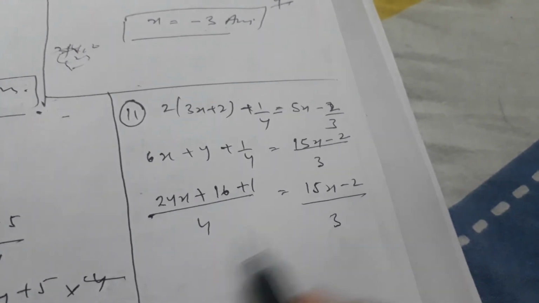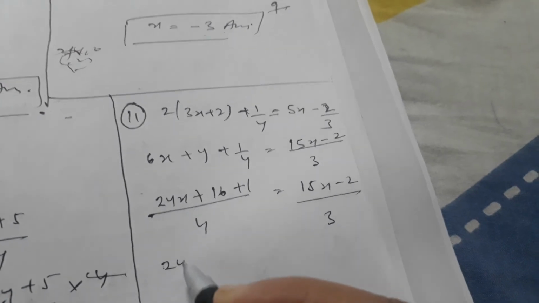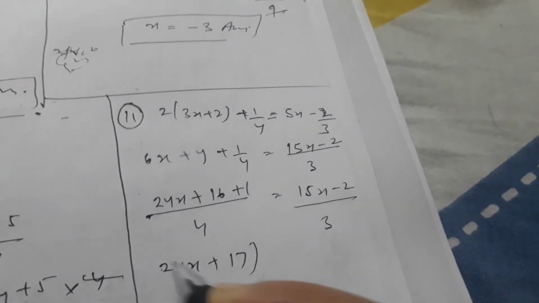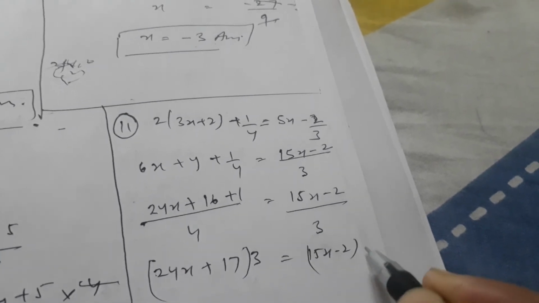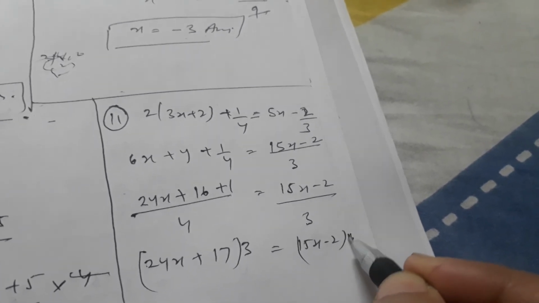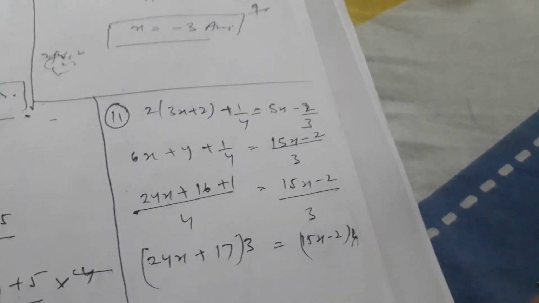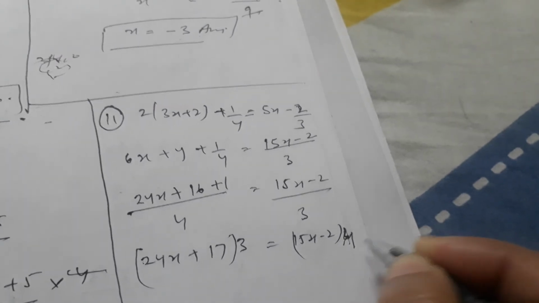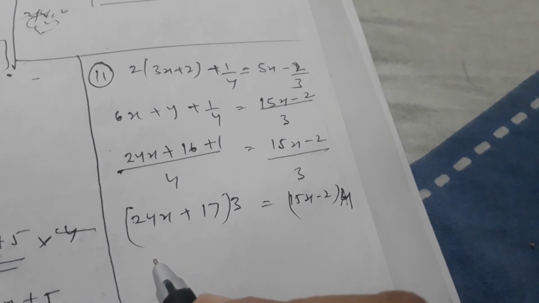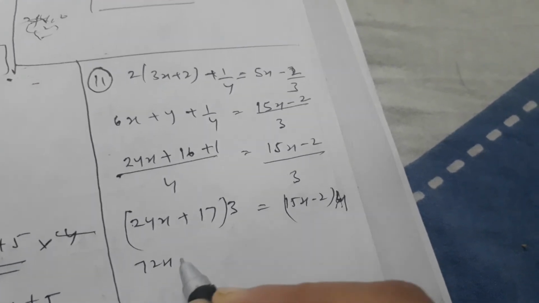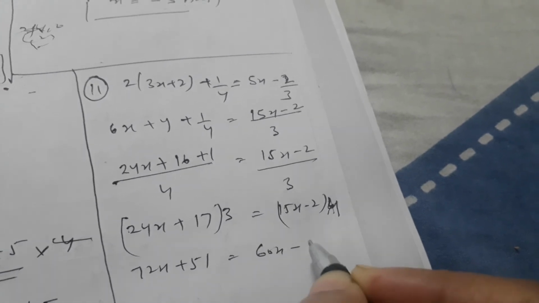So it will get cross multiplied. So first it will become 24x plus 17 and will be multiplied by 3, and it will become 15x minus 2 multiplied by 4. So here what it will be coming out as is 72x plus 51 and 60x minus 8.